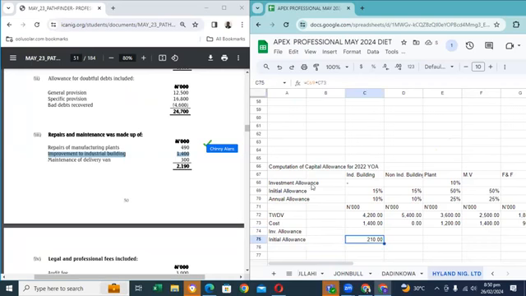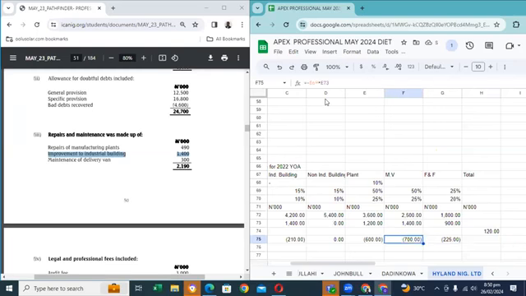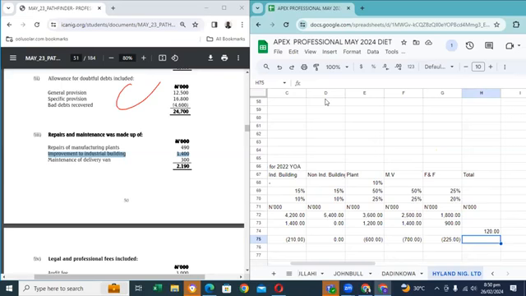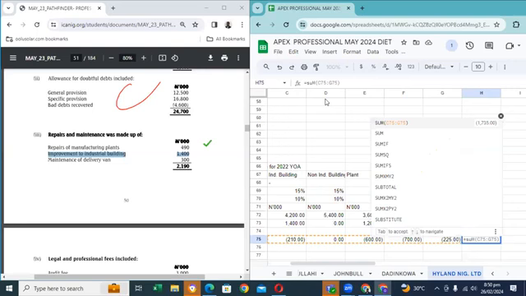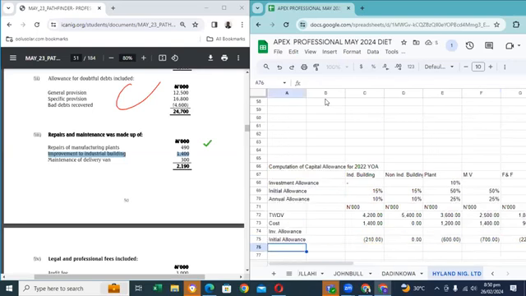Do you get it? 210, 600, 700, 225. Now what do you have in total? What you do is you add up the sum of everything. Do you get it, please? Yes, sir. Then you have annual allowance.